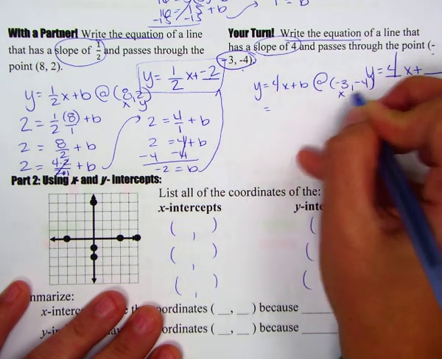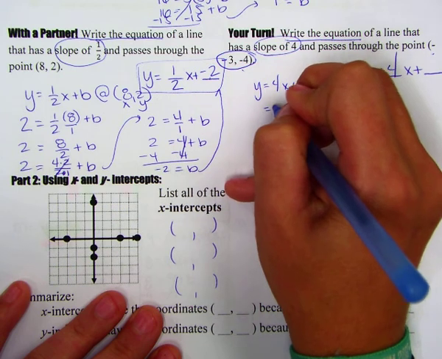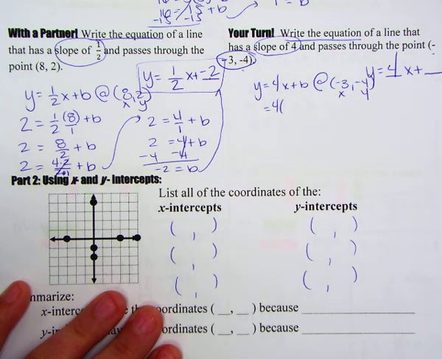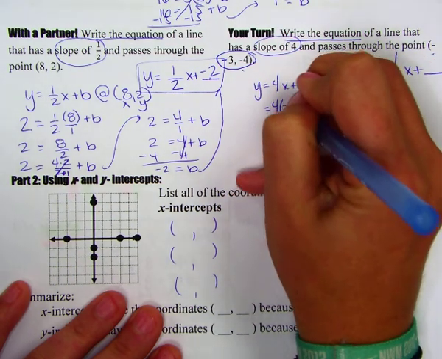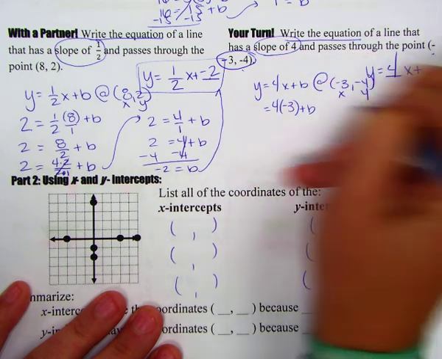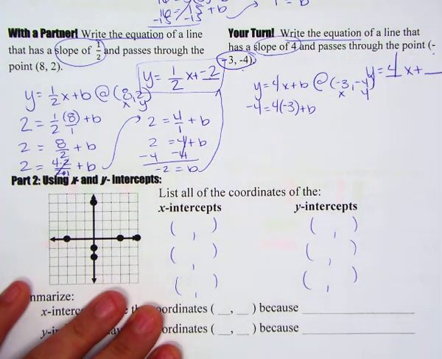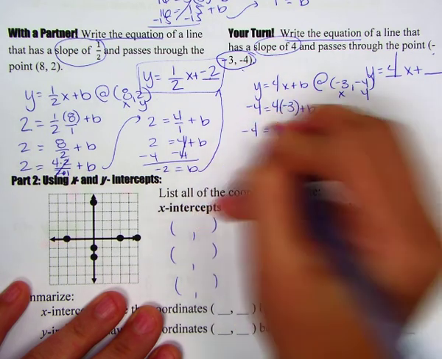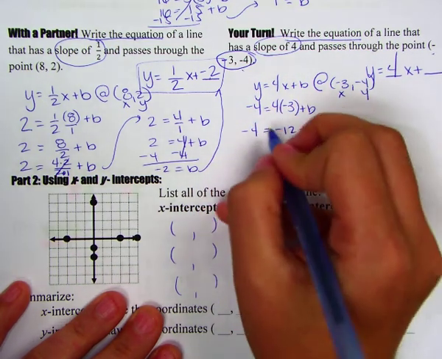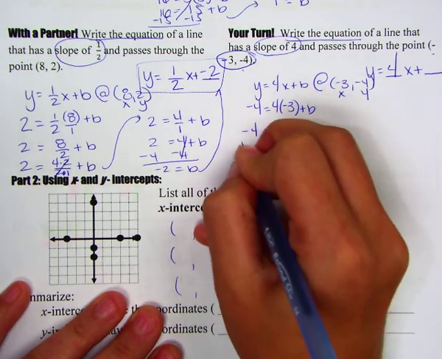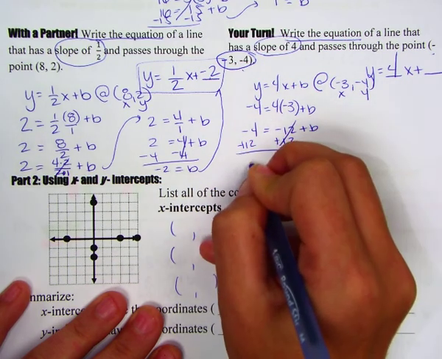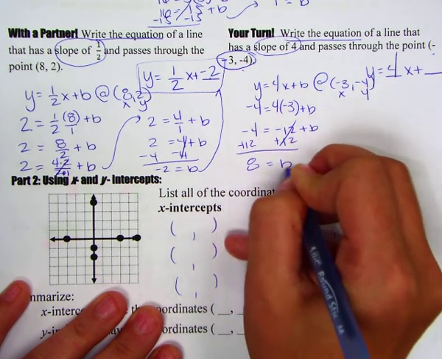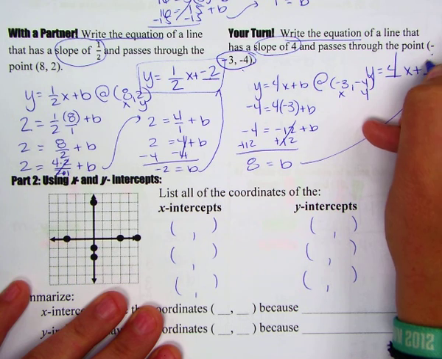So -3 is x, -4 is y. Going to simplify. And then I need to isolate b by adding 12 to both sides. 8 equals b. And that's my y-intercept.